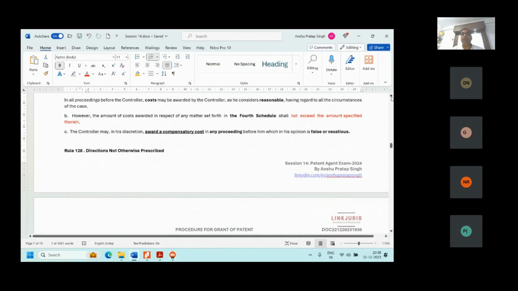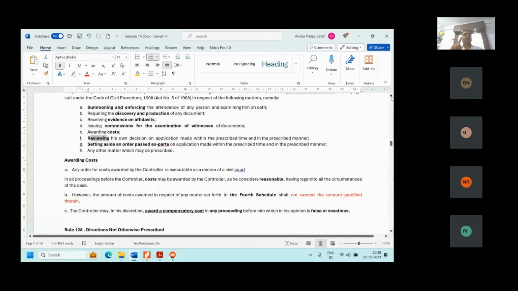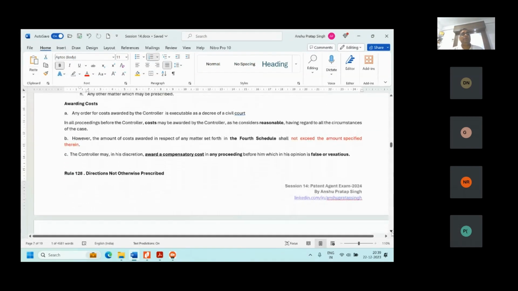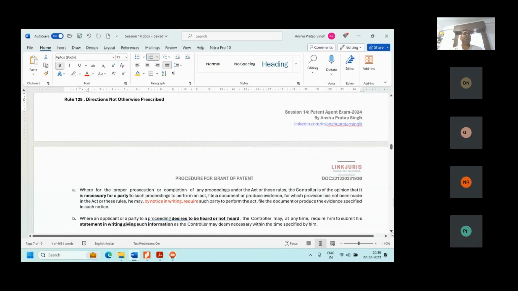Now please remember the rules here. All the rules which are talking about this should be remembered. Now 128, direction not otherwise prescribed. Now we are talking about the residuary power of the controller. What is not given anywhere, how will the controller handle it?